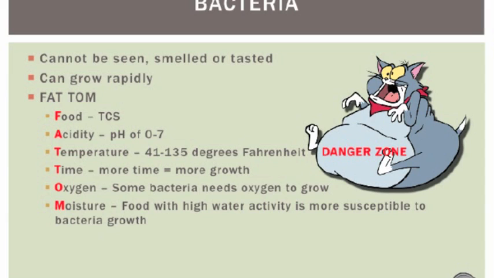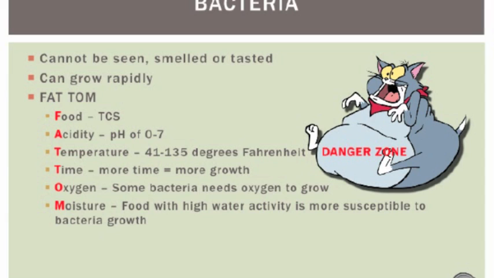So we have food, and remember from chapter 1 we have TCS foods, which are more likely to grow bacteria. And then we have acidity levels, so being aware that a pH level from 0, which is highly acidic, to 7, which is more neutral, is the happy pH level for bacteria to grow.